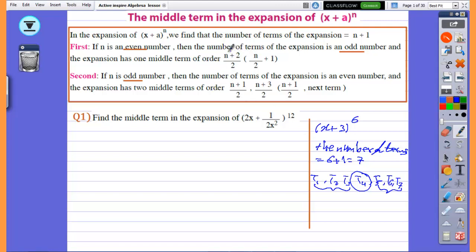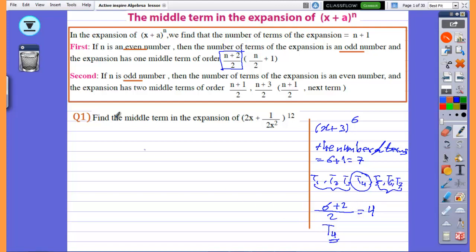When we use this rule here, n equals 6, so 6 plus 2 over 2 equals 8 over 2, which equals 4. So the order of the middle term in this expansion equals 4, and the middle term is T4.